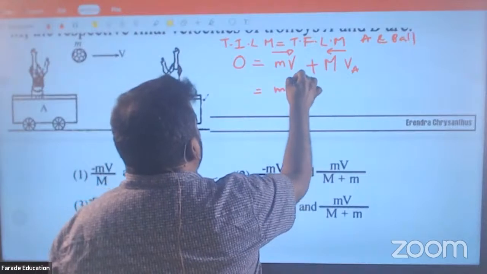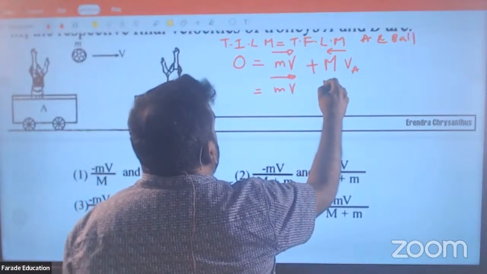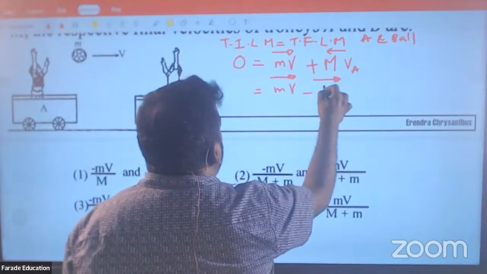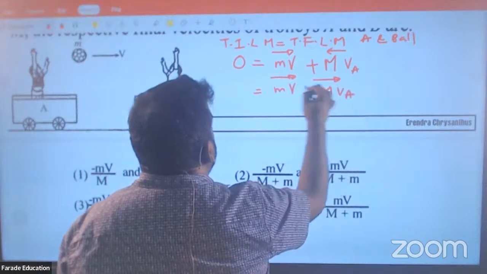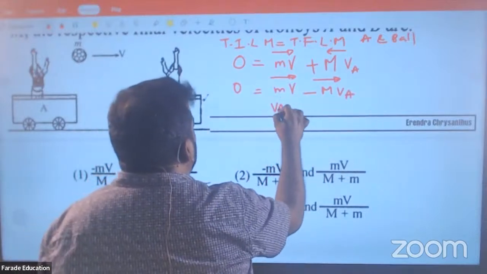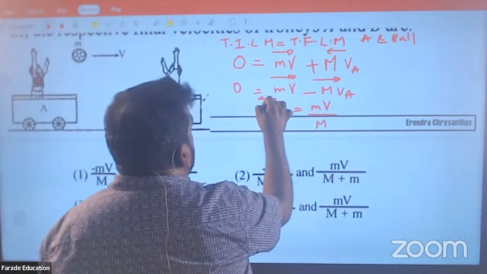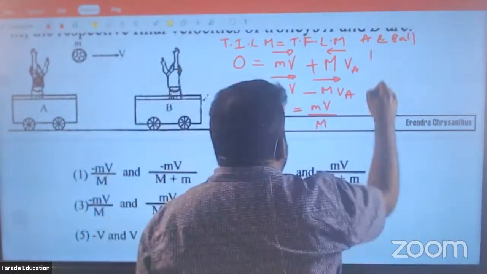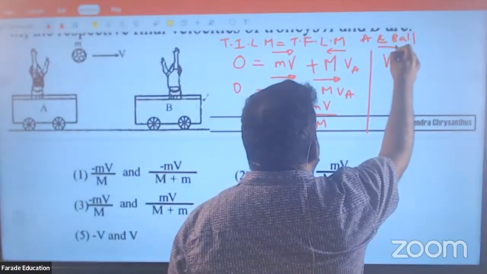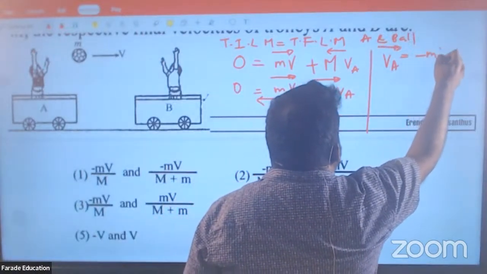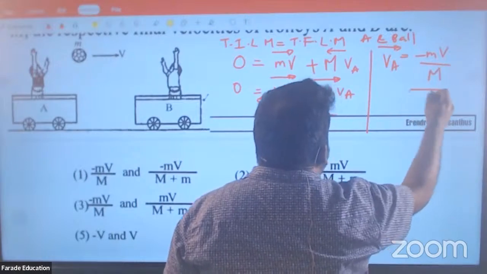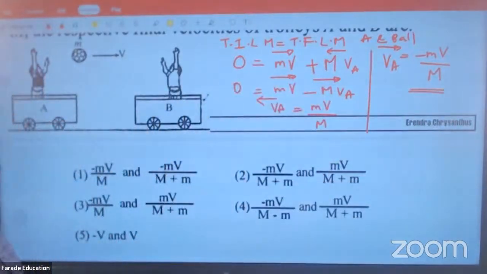Bring all vectors in the same direction: minus M VA plus m v equals zero. VA is equal to simple m v over capital M. Velocity A backward. So velocity A in the forward direction is minus simple m v over capital M, because they're given all the answers in the forward direction.